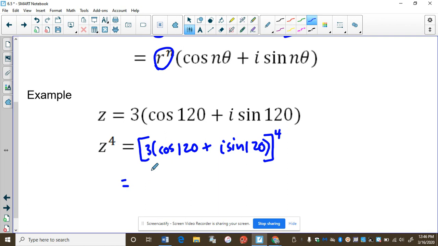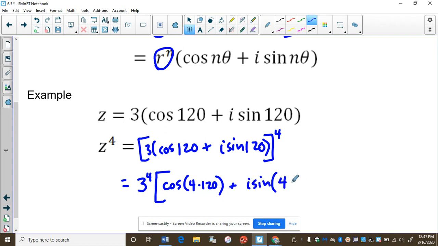According to DeMoivre's theorem, I take 3 and I raise it to the fourth power here. And then I'm going to bring brackets in because I've got operations happening in here, where I'm taking the cosine of 4 times 120 plus i times the sine of 4 times 120.